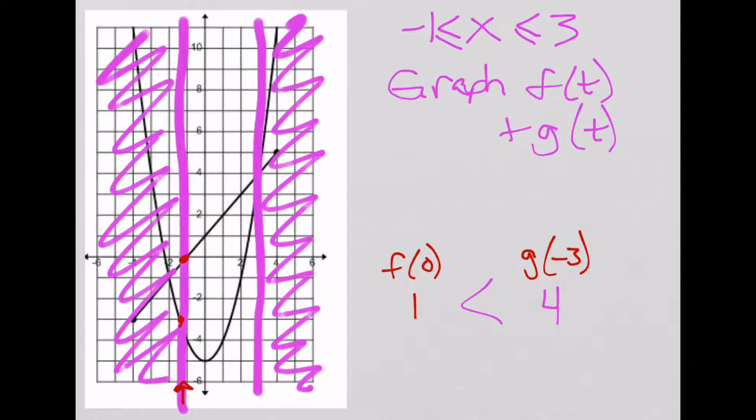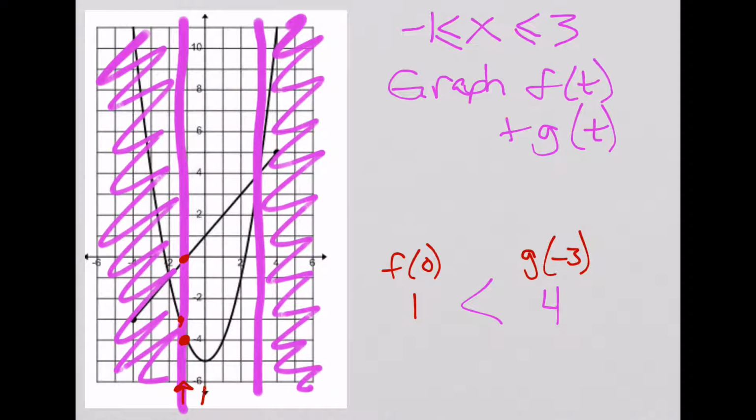So negative 4 plus 0 is negative 4. Why isn't that working? I think it's because I drew over the line. It's supposed to be negative 4 plus 0 equals negative 4, so we're right there.